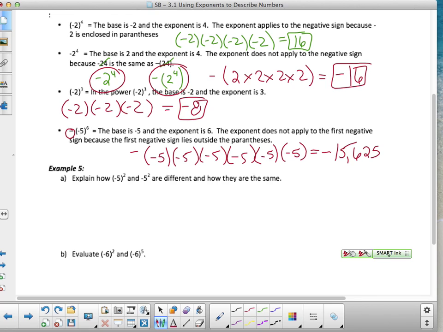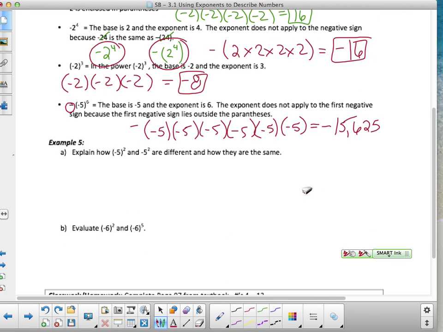So down here at the bottom, looking at these values in different ways, how are they different, how are they the same? Well, they do have the same base and the same exponent. The difference is that one has parentheses around the whole entire negative number. The other one just has the negative sign on the outside, out in the front. So you do not consider the negative when actually multiplying it by itself.